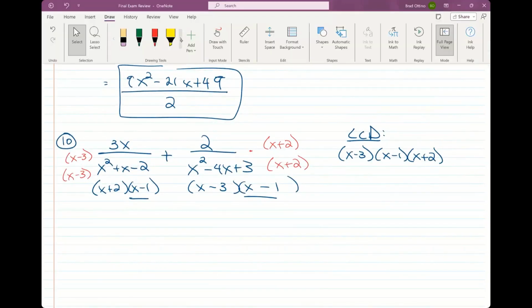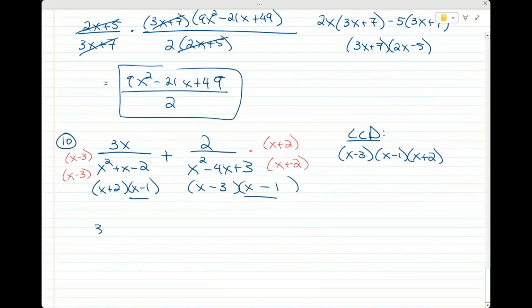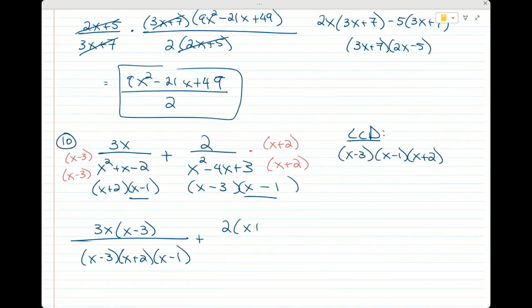So now we have 3x times x minus 3 divided by x minus 3 times x plus 2 times x minus 1, plus 2 times x plus 2 divided by exactly the same denominator.